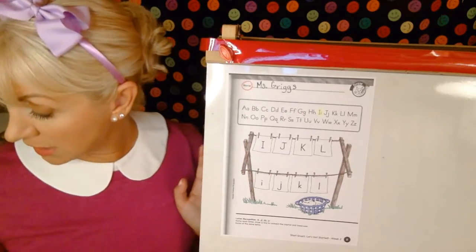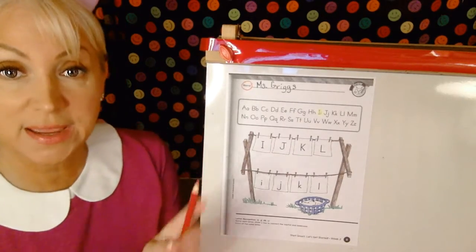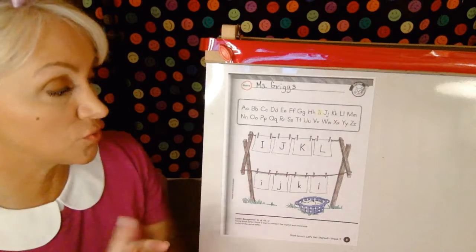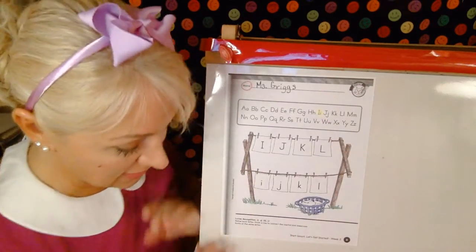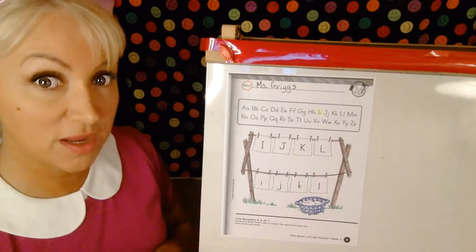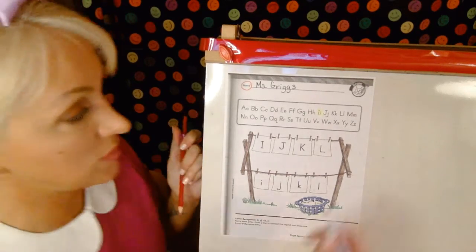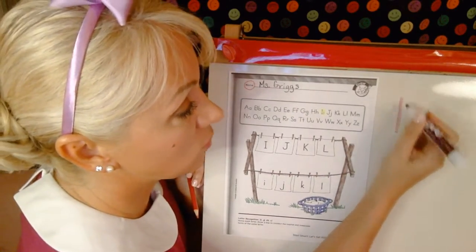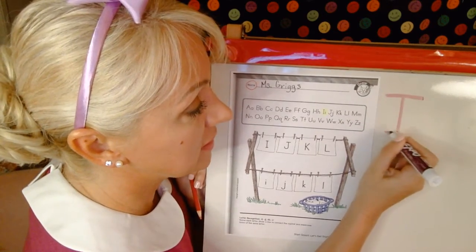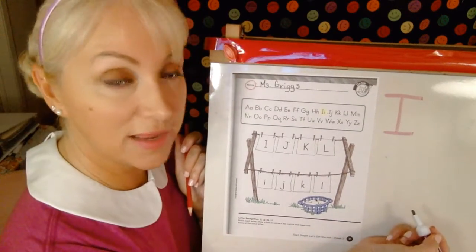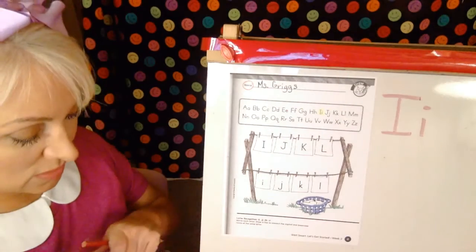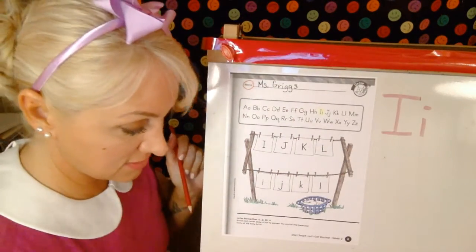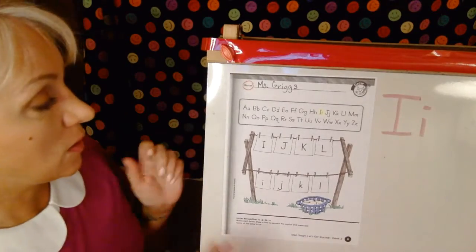I'm going to use red as my first color today, so go ahead and get your red crayon, and let's take a good look at that I. Maybe I can write it over here to make sure that we see it nice and big. Here's our capital I, and then our lowercase i, a little bigger for us to see while we're working up here.